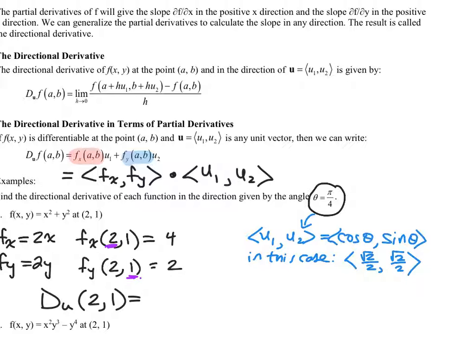So really all that means is you're going to multiply your x components together. So 4 times rad 2 over 2 plus 2 times rad 2 over 2, which simplifies: 2 rad 2 plus rad 2 gives you 3 rad 2.